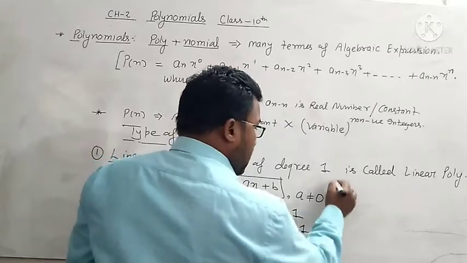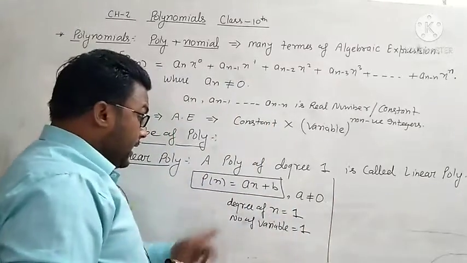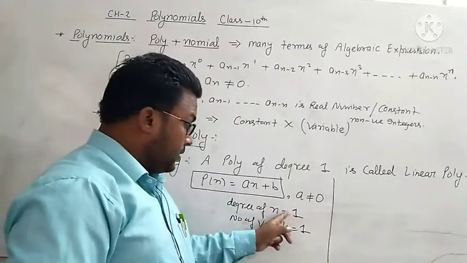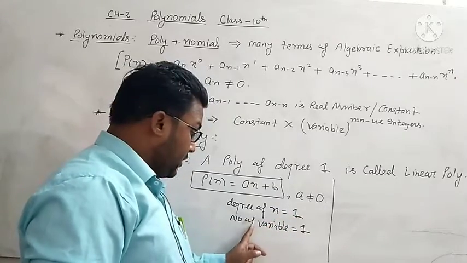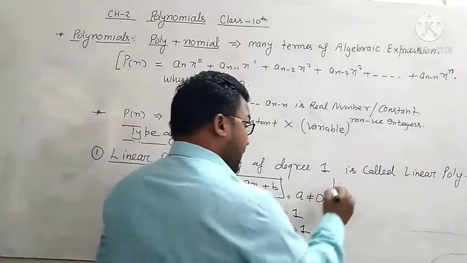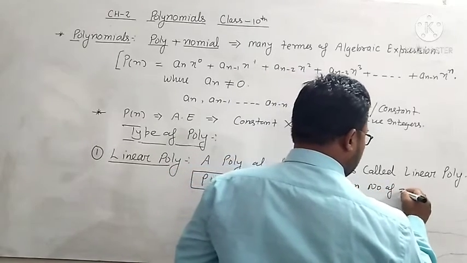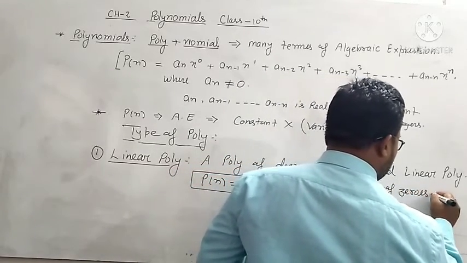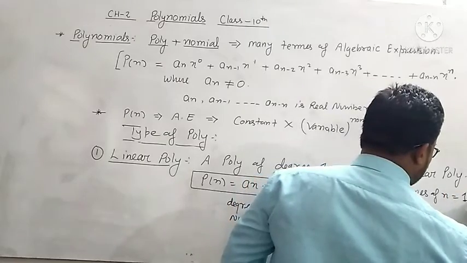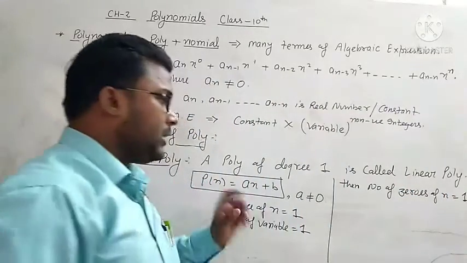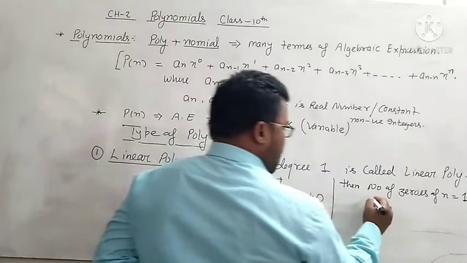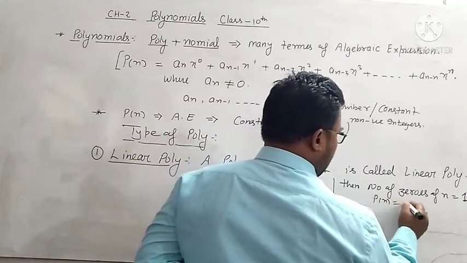Important, student: if the degree is 1 and the number of variables is 1, then the number of zeros of the polynomial is also 1. That means it will have one zero. For example, p(x) is equal to ax plus b.